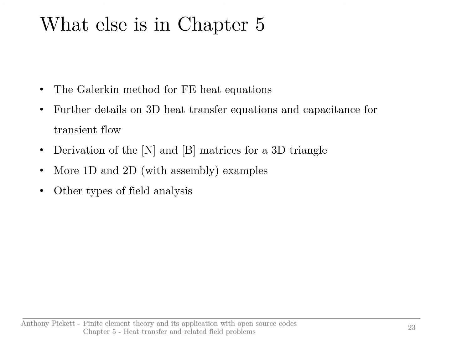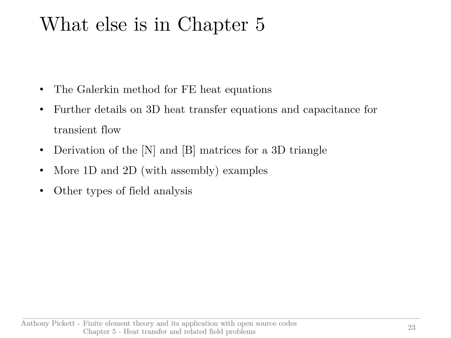There is a brief section which shows the derivation of the shape function and B matrices for a 3D triangular element, which only has 1 degree of freedom at each node. But I think if you did go through that last example and you look at the B matrix and compare it with what we derived for the N and the B matrices in lecture 2, you will be able to see the connection there.